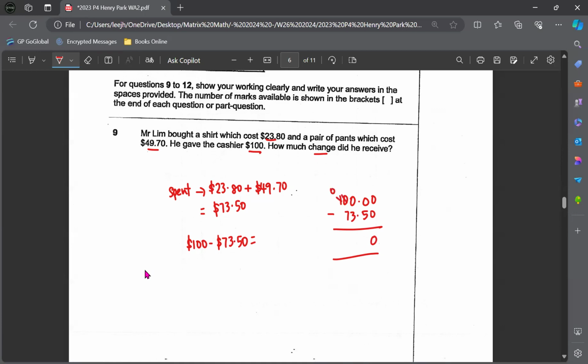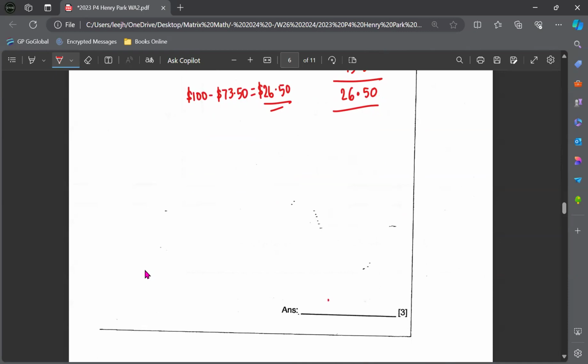So 0, 10, 9, 10, 9, 10. 10 minus 5, 5. Decimal point, please. 9 minus 3, 6. 9 minus 7, 2. 0 is 0. So your answer is $26.50. That's the change you got back. So remember to fill in your answer, 26.50. Okay.